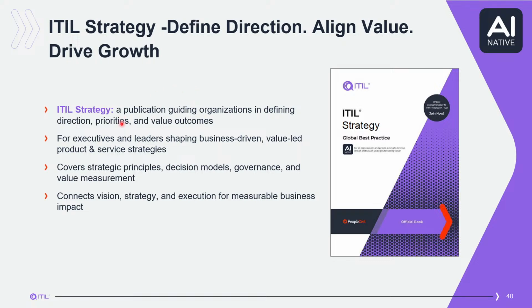So there are some directions, priorities, and value outcomes, and how we can provide that kind of information to the organization, what the policy is, how the executive and leadership are working, what kind of questions and answers are necessary in the day-by-day work. So that's why the IT strategy can help you.